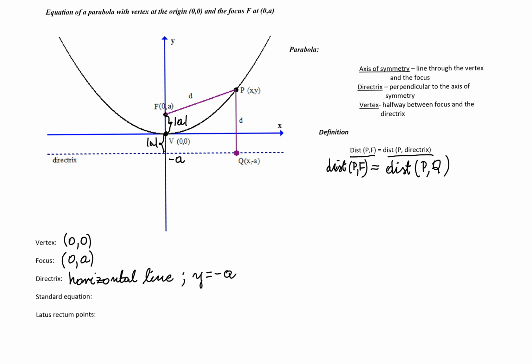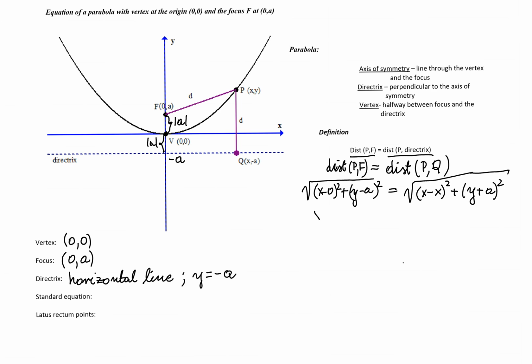Using the distance formula, we can write that the distance between point P and F is the square root of (x minus 0) squared plus (y minus a) squared, and the distance between point P and Q will be the square root of (x minus x) squared, the difference of the x coordinates, plus the difference of the y coordinates squared.